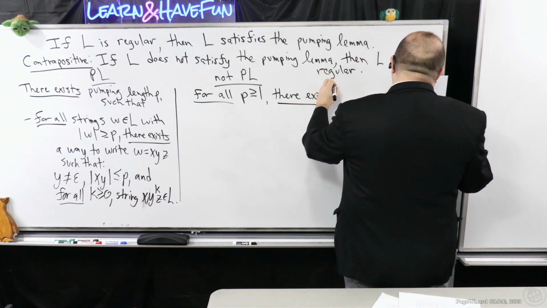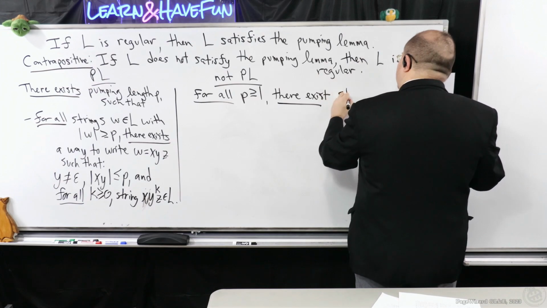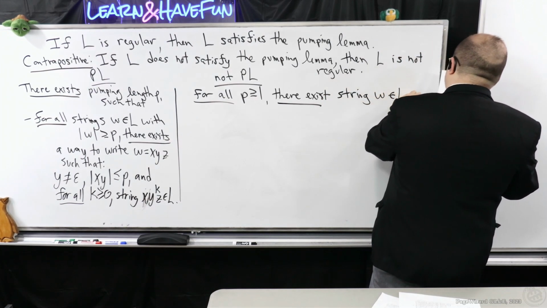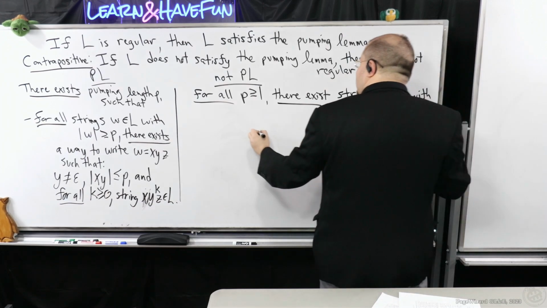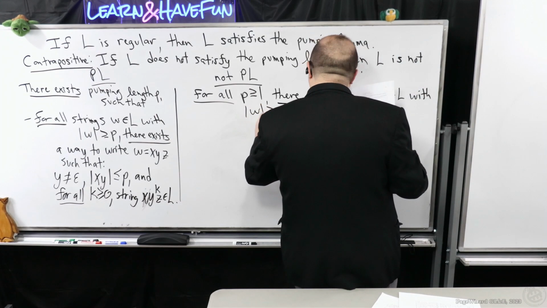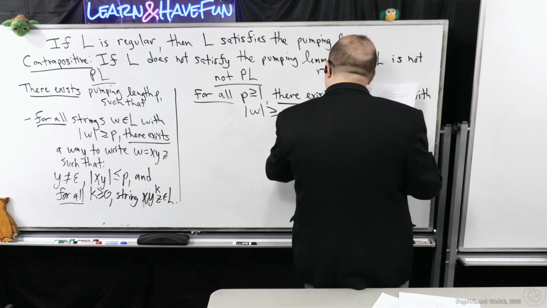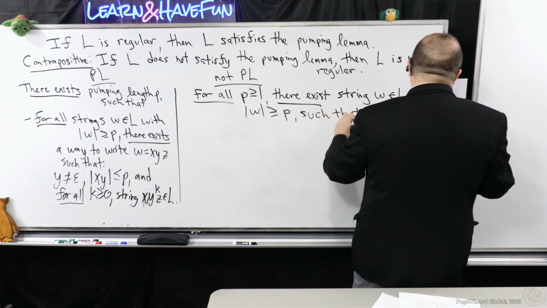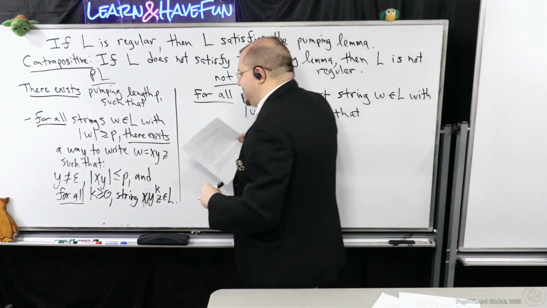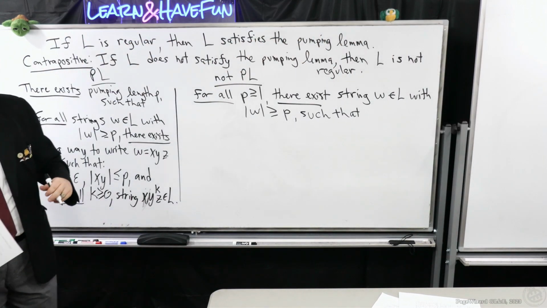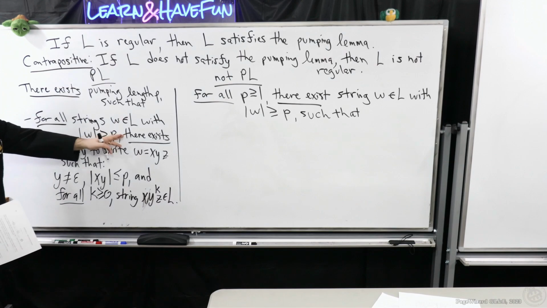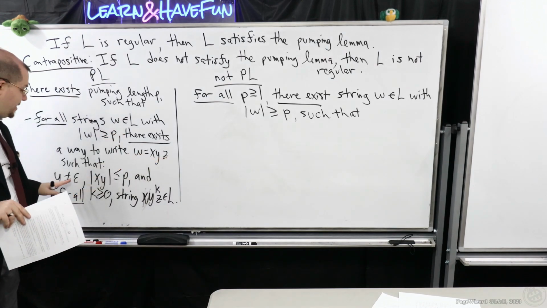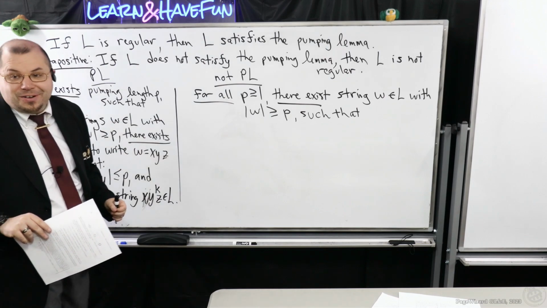There exists a string w in the language where its length is at least p, the pumping length, such that, now this is where it gets a little bit weird at first, remember, it said that there's a way to write it such that it's written into these three parts, and it has these properties, right?